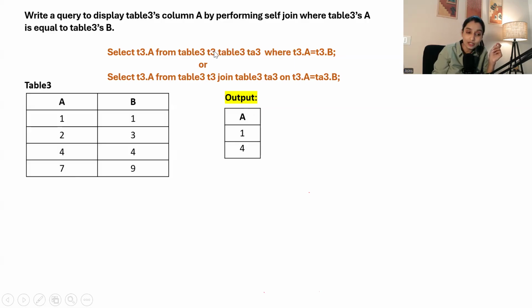Table 3, comma, table 3 I have mentioned. So if you are mentioning the same table name, that's what we call a self join. If you mention table 3 inner join table 3, that is also a self join. So whenever you are performing any type of join, like inner join, equi join, left join, right join, on one single table, that's called a self join.